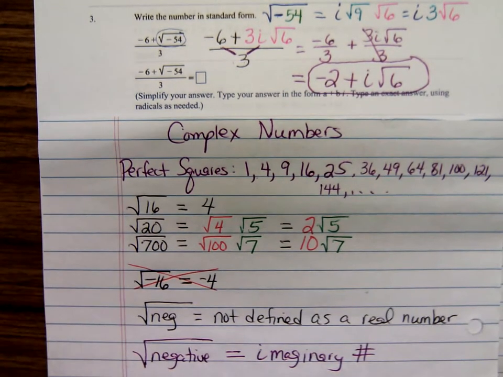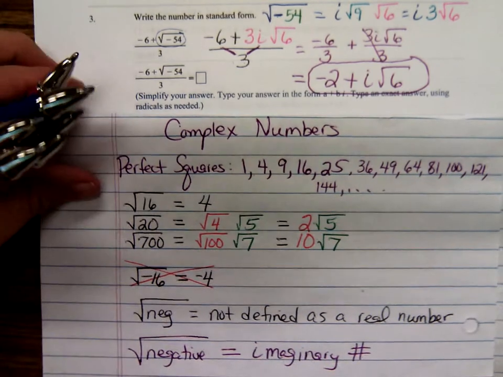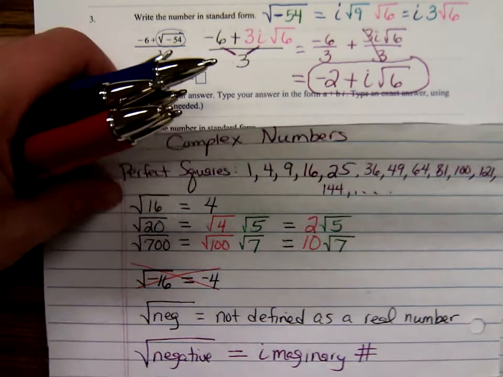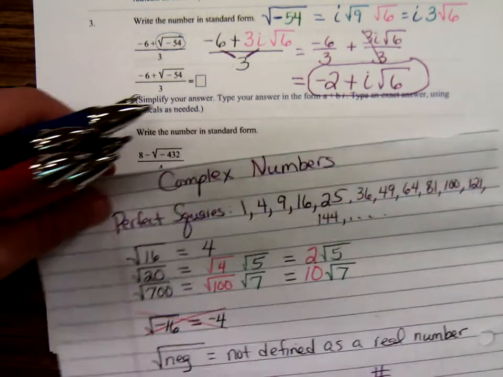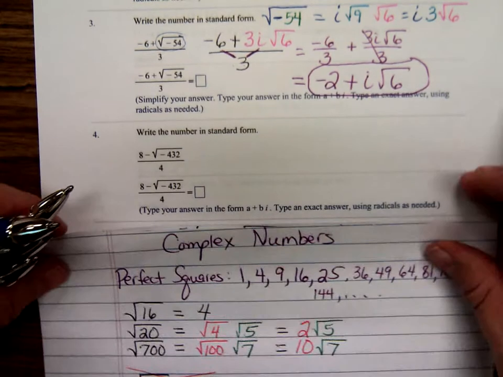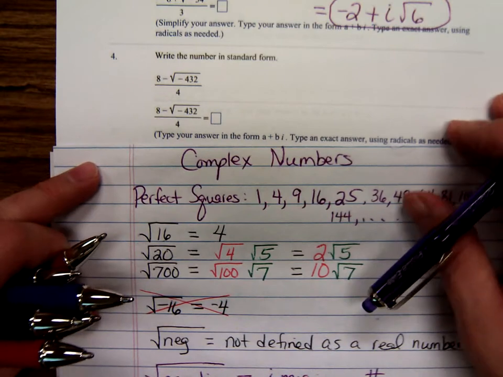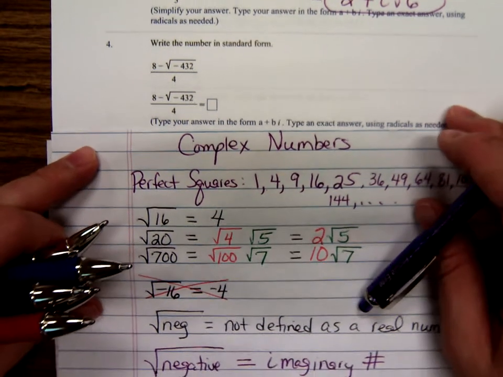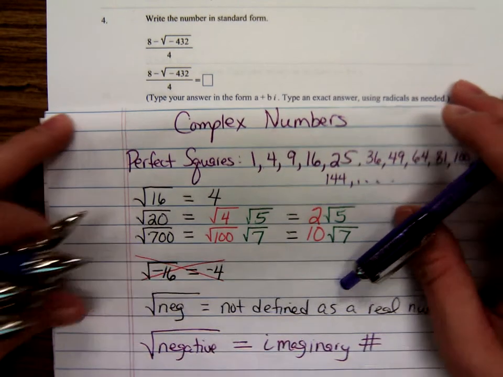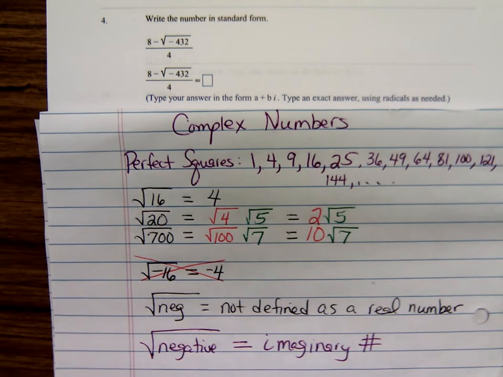And then just to make sure you have the hang of these, I have another one like that for us to do. Ooh, this one might take a while to reduce. That negative 432. Well, let me get my calculator out.